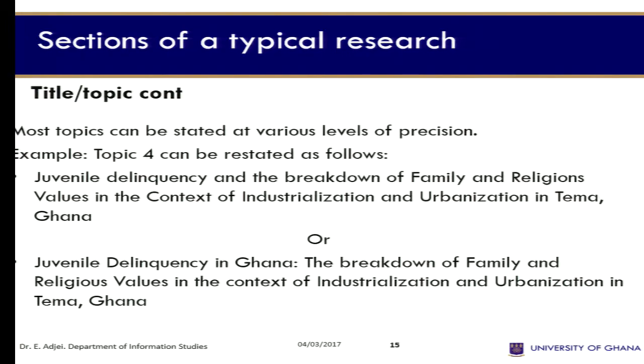Most of the topics can be stated at various levels of precision. For example, let's look at one of the topics: juvenile delinquency and the breakdown of family and religious values in the context of industrialization and urbanization in Tema, Ghana.